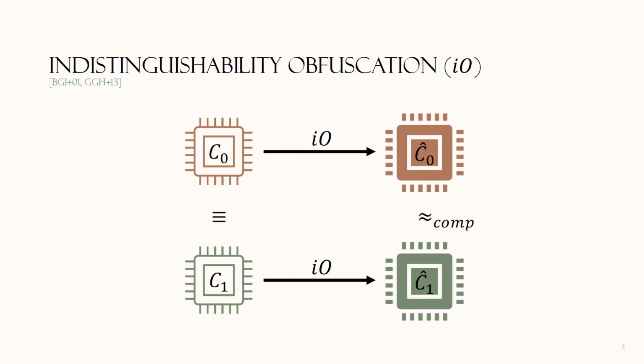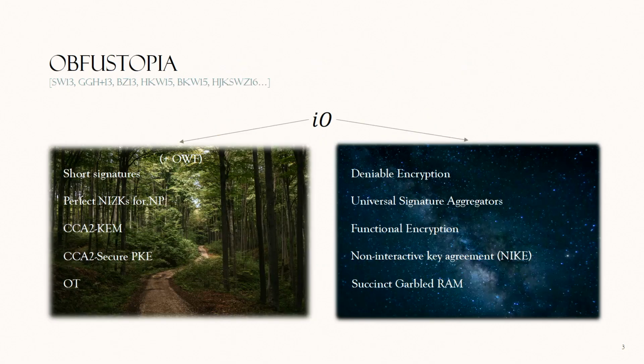So what is I/O? I/O takes a circuit C0 and produces an obfuscated C0 hat with exactly the same input-output functionality. And the security guarantee you get from I/O is if I take two circuits C0, C1 that are functionally equivalent and of the same size, then the I/O obfuscated versions of these circuits, C0 hat and C1 hat, are computationally indistinguishable.